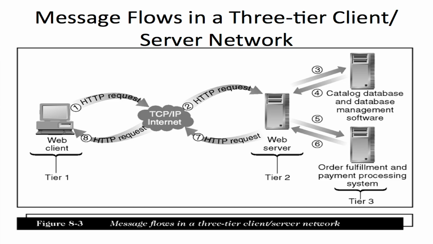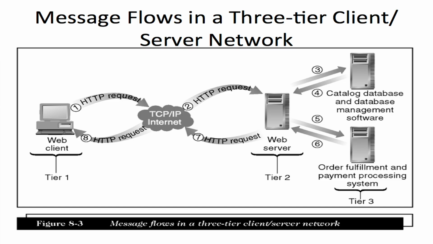So this will manage the payment processing, and then finally our item will be purchased, the request will be responded to, and the client will get a confirmation message from these two servers, meaning this order fulfilling server. So this is the 3-tier technology.